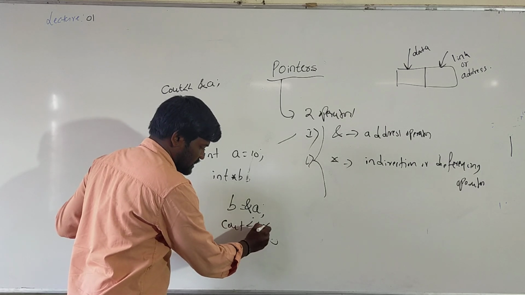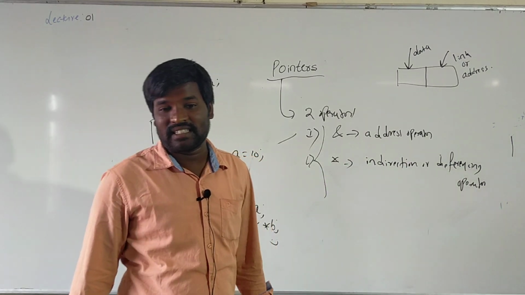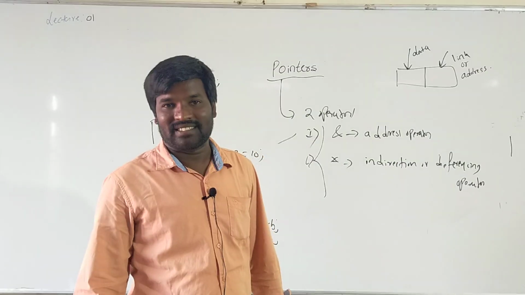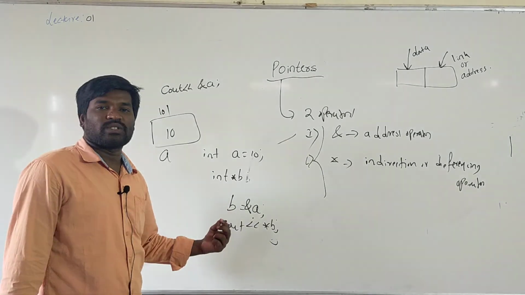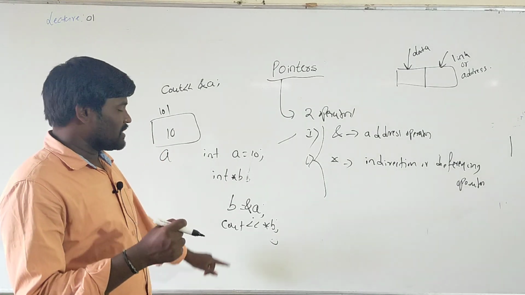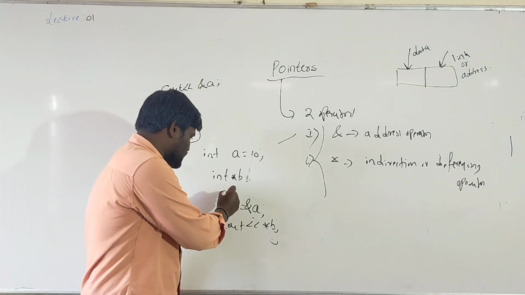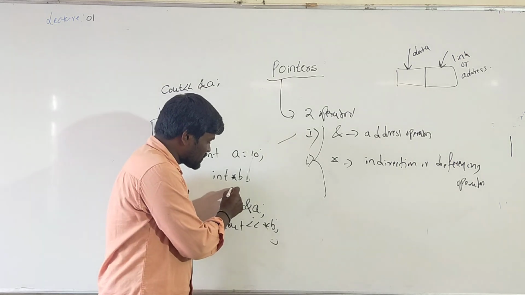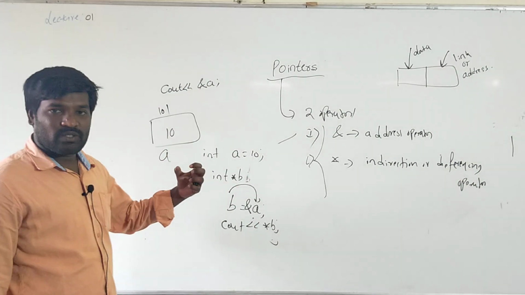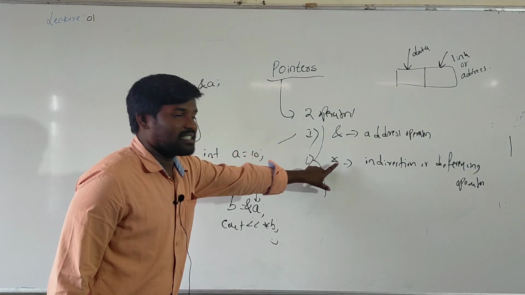Cout star. See here. Second one is the indirection or dereferencing operator. It is nothing but the operator which gives the actual value of the variable that the pointer is pointing to. See here. Here B is a pointer variable which is pointing to A. If I want to get the value of this A, at that time I can use the star.